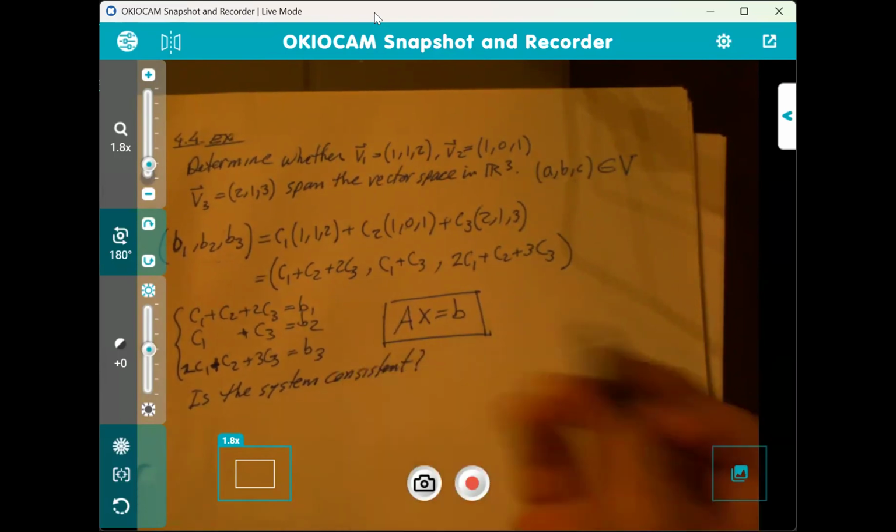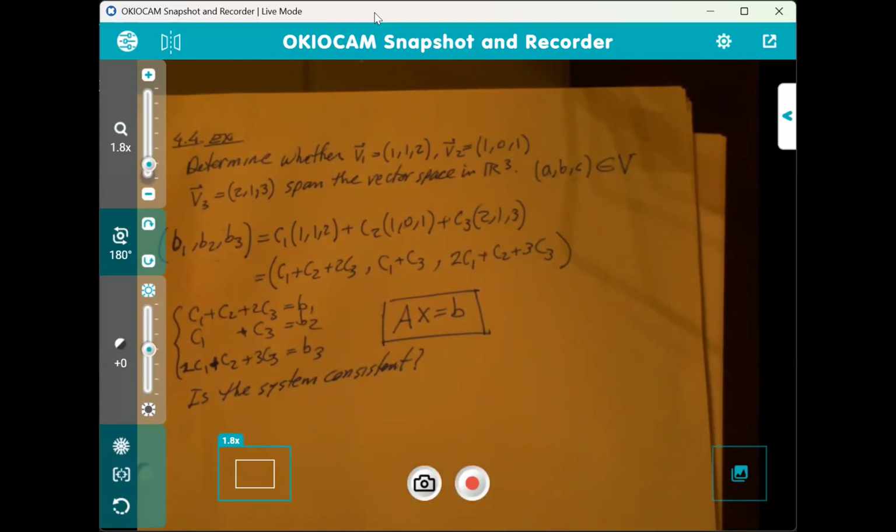In other words, does it have a solution? We want to know if that system is consistent. So how do we determine that? Well, what is the condition for consistency?